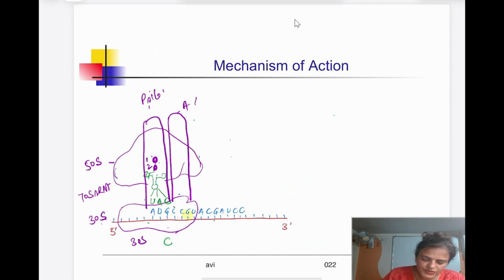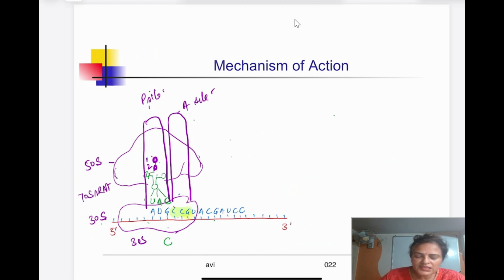And the A site is ready to accept the next amino acid. Now which amino acid it is going to accept, and what transfers that amino acid? The transfer of the amino acid is with the help of transfer RNA. Which amino acid the transfer RNA brings over here depends on the code. So the second code is CCG.